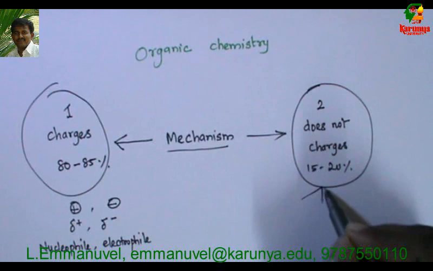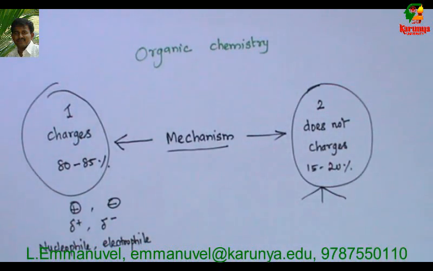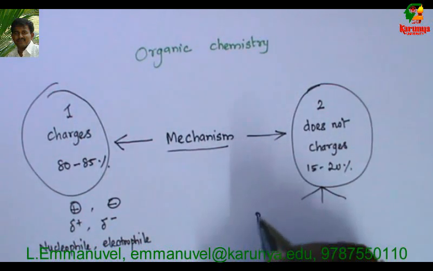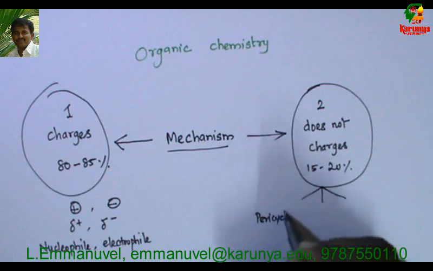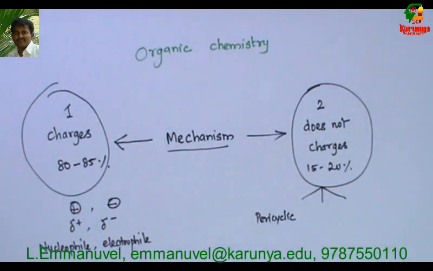Further, there are three types. First one, pericyclic. The reactions which go through a cyclic transition state and through a concerted mechanism, like Diels-Alder, Cope, 3,3 sigmatropic rearrangement, all those things come under that.